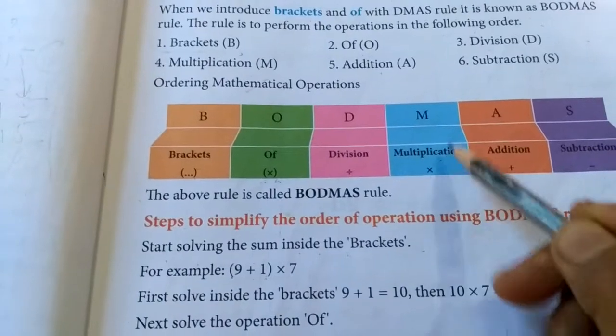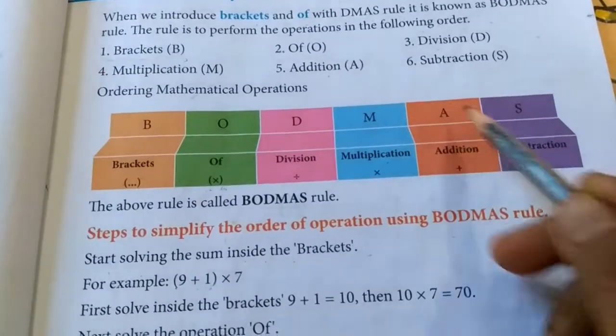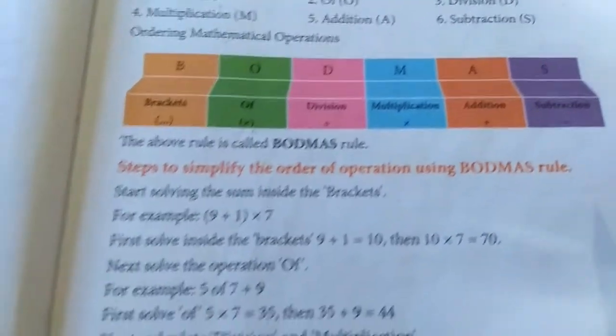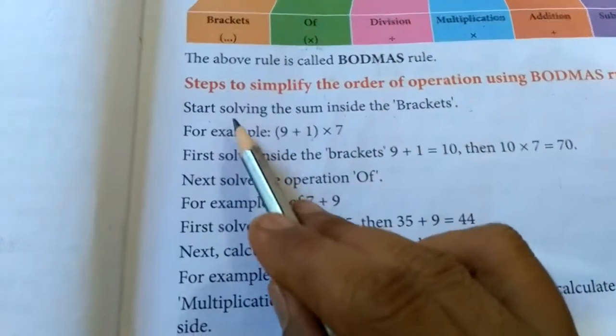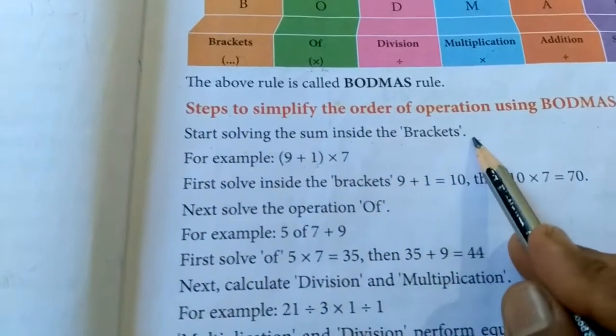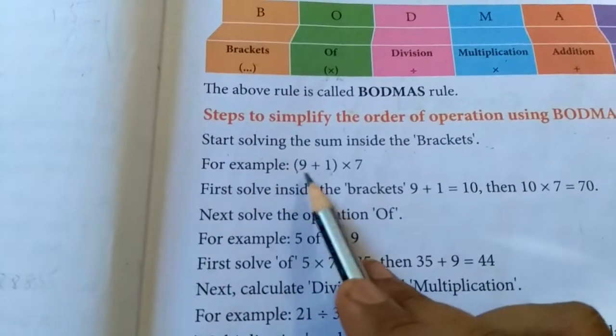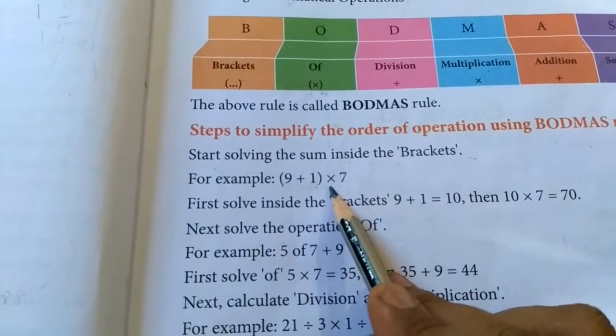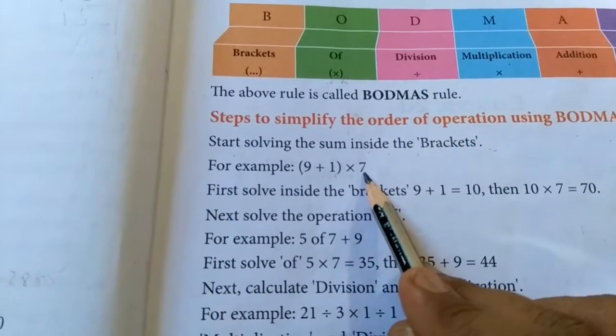This is the multiplication sign. This plus is the addition sign, and this minus, a dash-like structure, is the subtraction sign. So we have to start solving the sum inside the brackets. For example, 9 plus 1 is inside the bracket, then it is multiplied with 7.